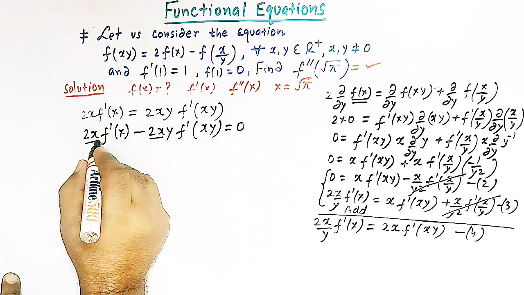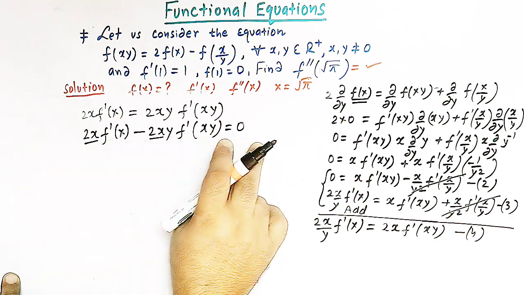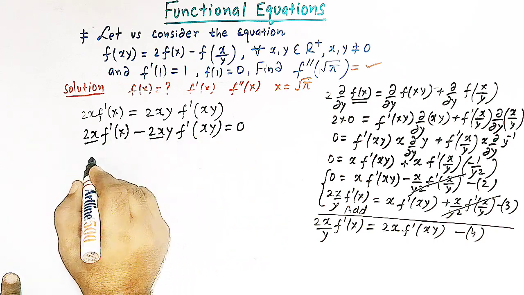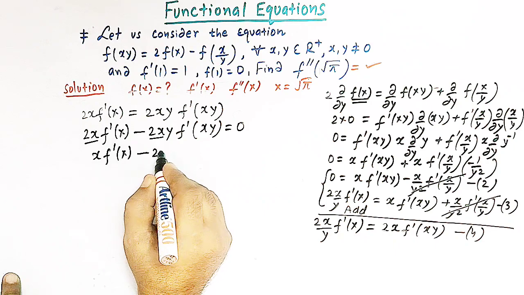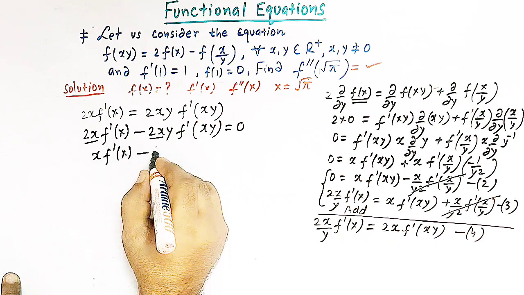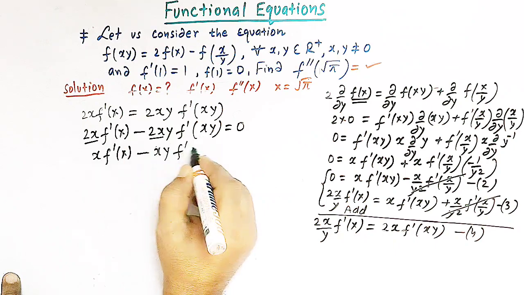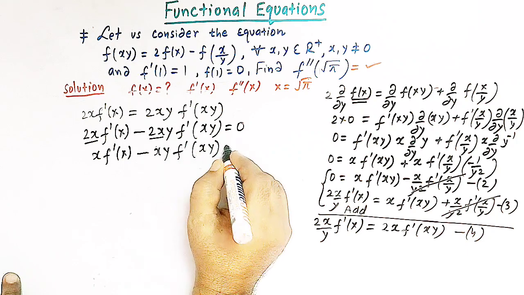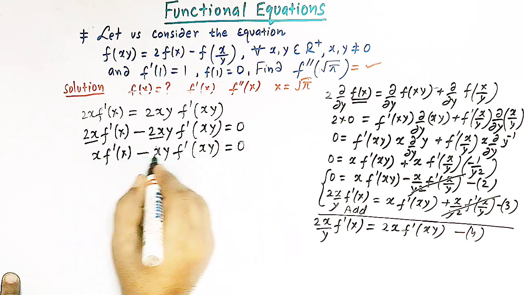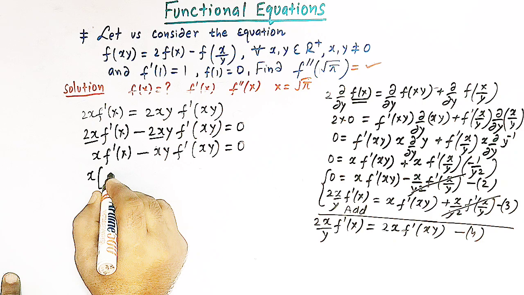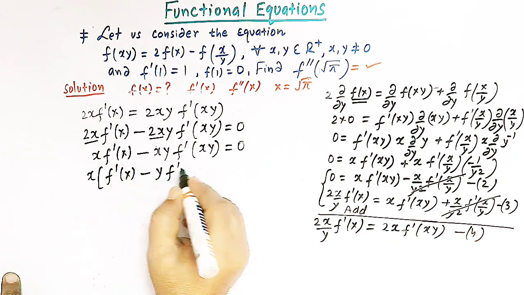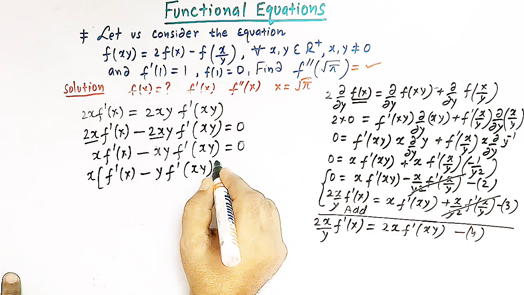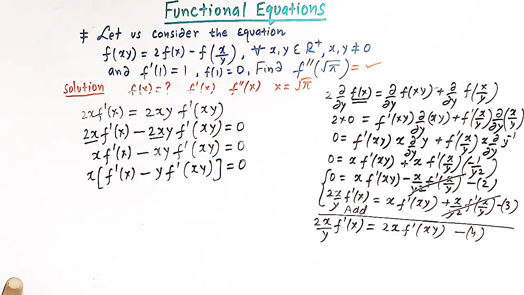Now dividing both sides by 2, we have simply x f prime of x minus xy f prime of xy is equal to 0. Now we can take x common, so we have f prime of x minus y f prime of xy, and this is equal to 0.